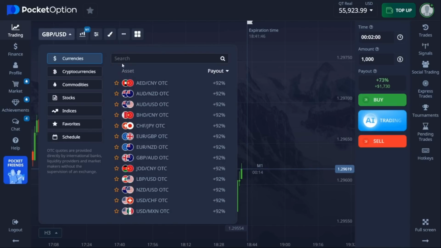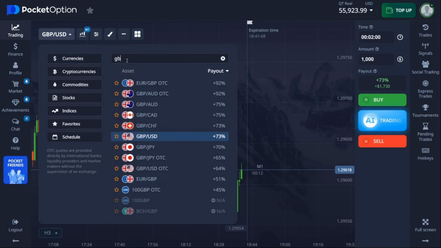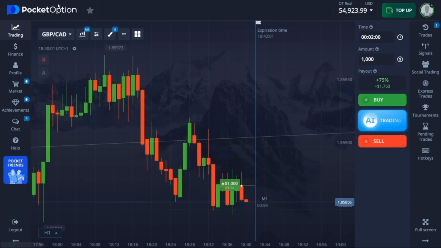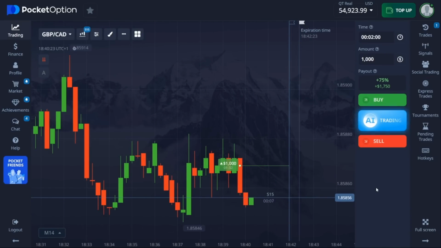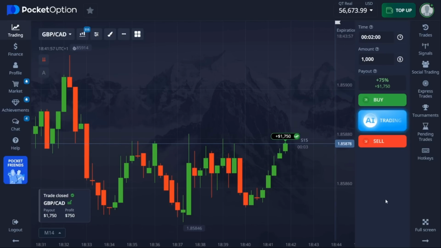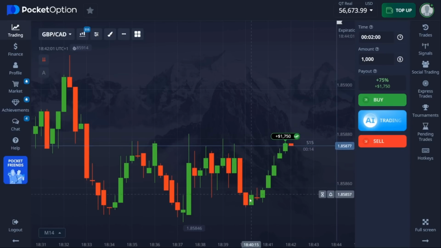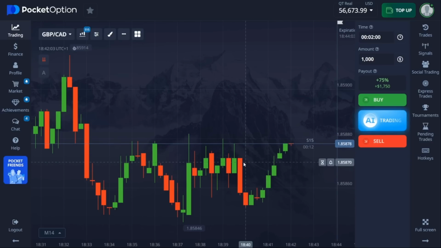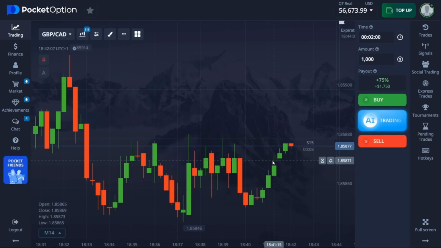Opening Pocket Option, choosing the pair and placing an up trade. Second clean win. After a small dip and consolidation, price returned to the upside, bringing in another $750 in profit. Right on point. Let's keep going.